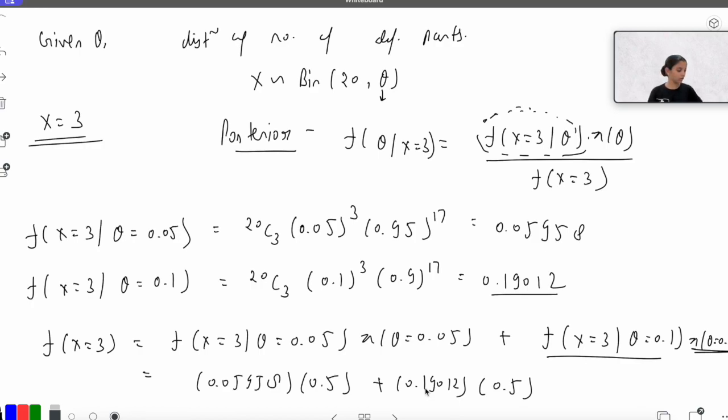If we simplify this, we will have 0.12485. Okay, this is my prior.